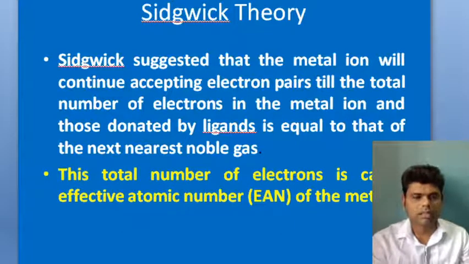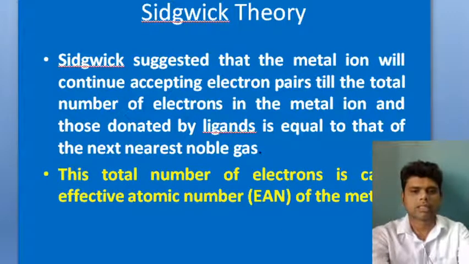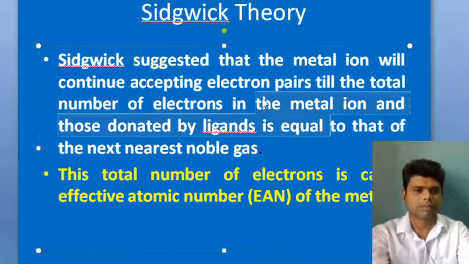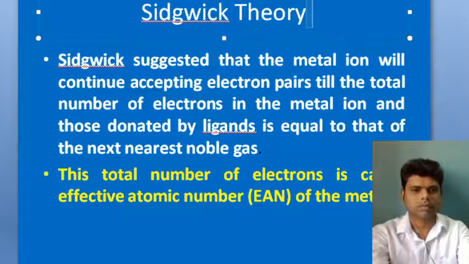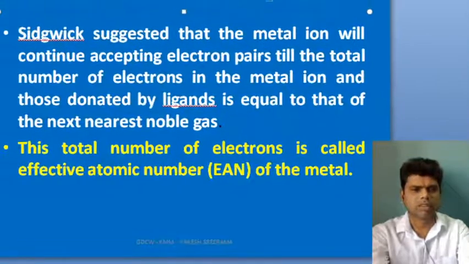Accepting occurs till the nearest noble gas configuration is obtained by the central metal atom, and the ligands keep donating until the central metal atom or ion attains the nearest noble gas configuration. That's Sidgwick's theory.